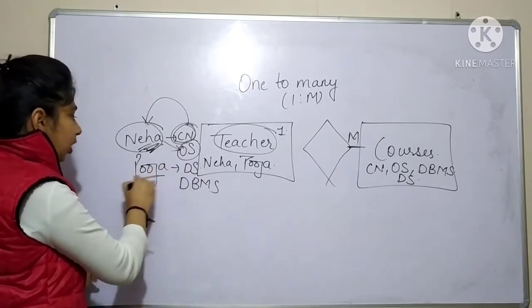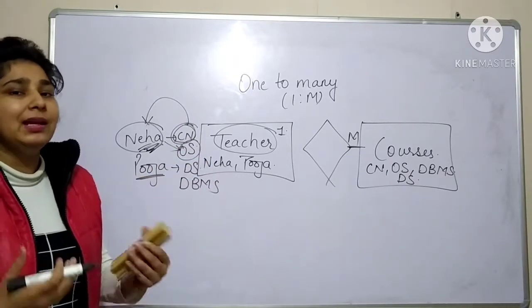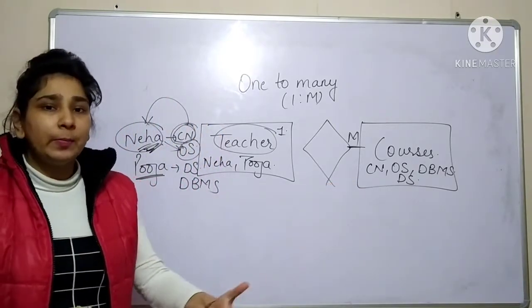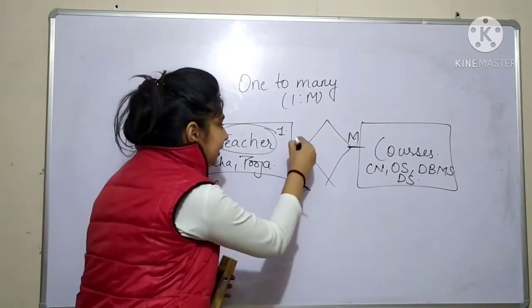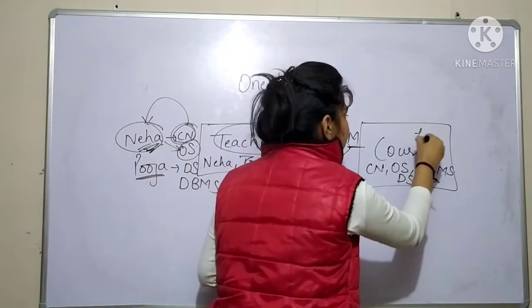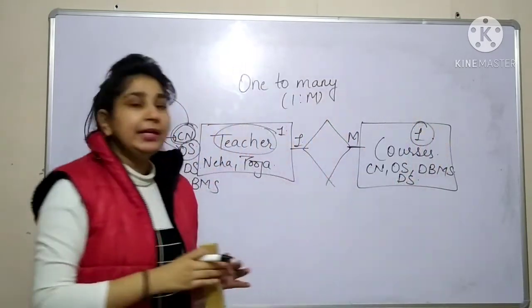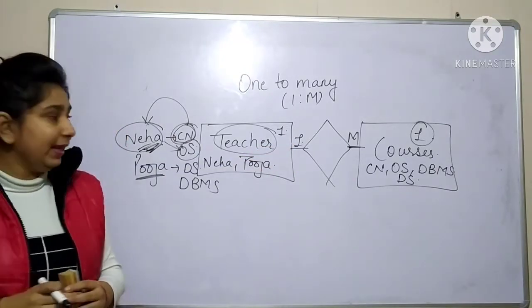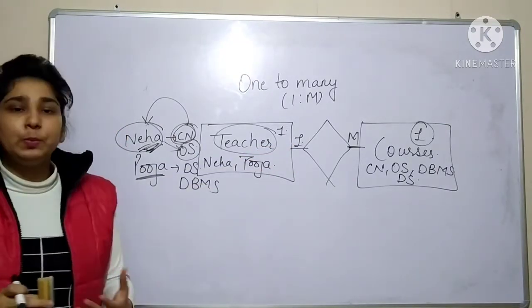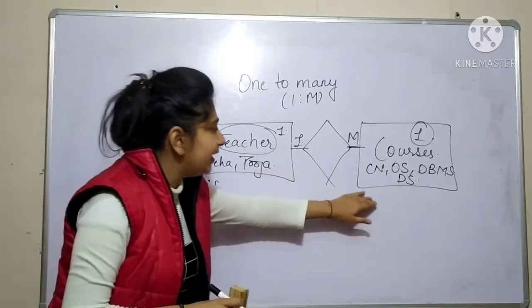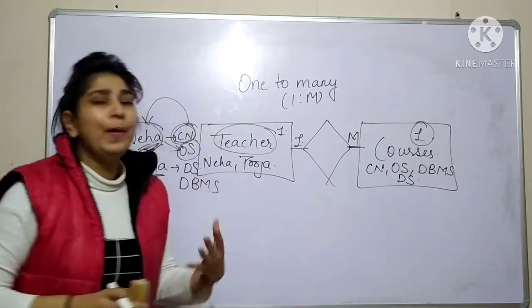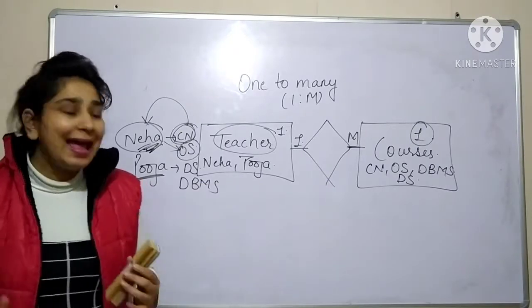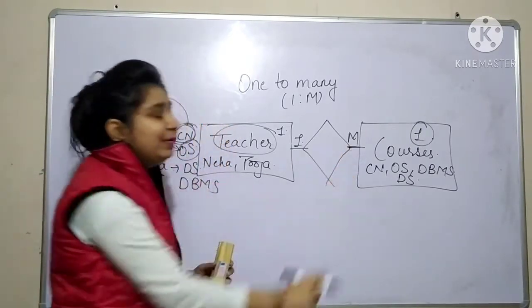It would not be taught by Pooja or any other teacher. So one course is taught by only one teacher. This way we try to build the relationship between the two entities. So this is actually a one-to-many relationship.